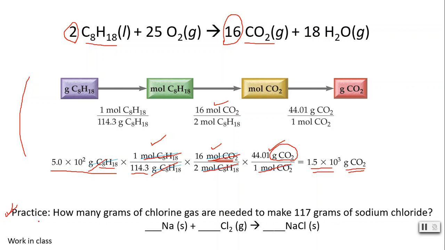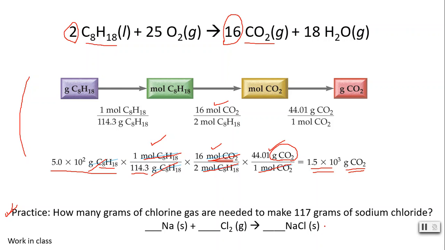Okay. So let's say I was to ask you how many grams of chlorine gas are needed to make 117 grams of sodium chloride. I ask that question, and then I give you this chemical equation.